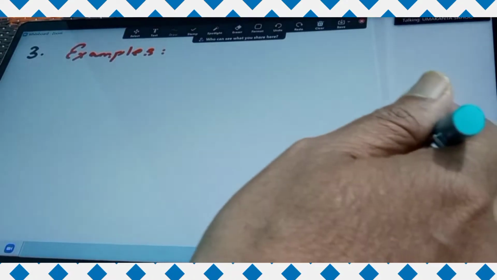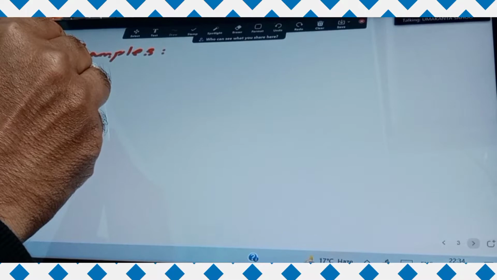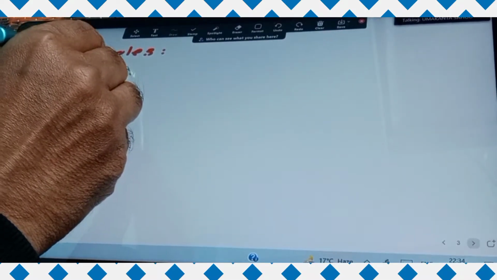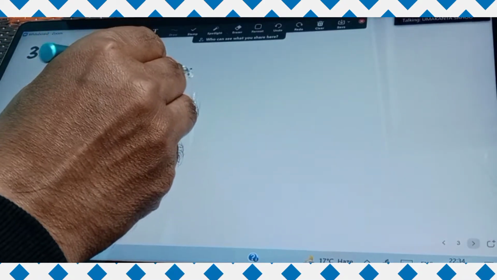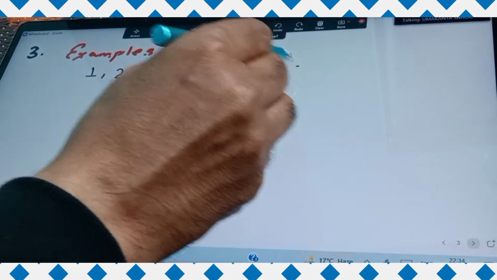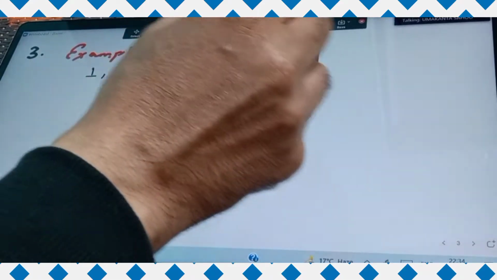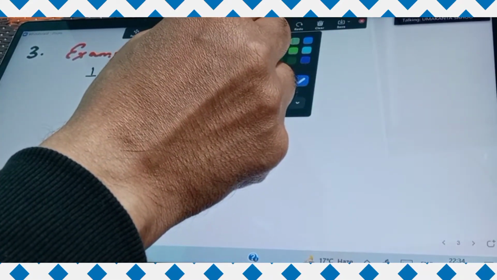Now let us write some examples of sequence. First, I'm writing 1, 2, 3, 4, 5, 6. It is a group of natural numbers, so it is an example of sequence.